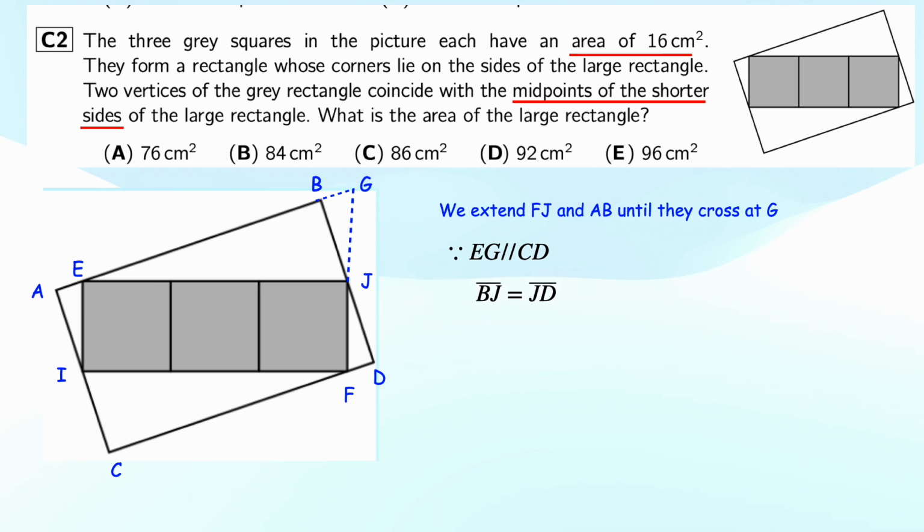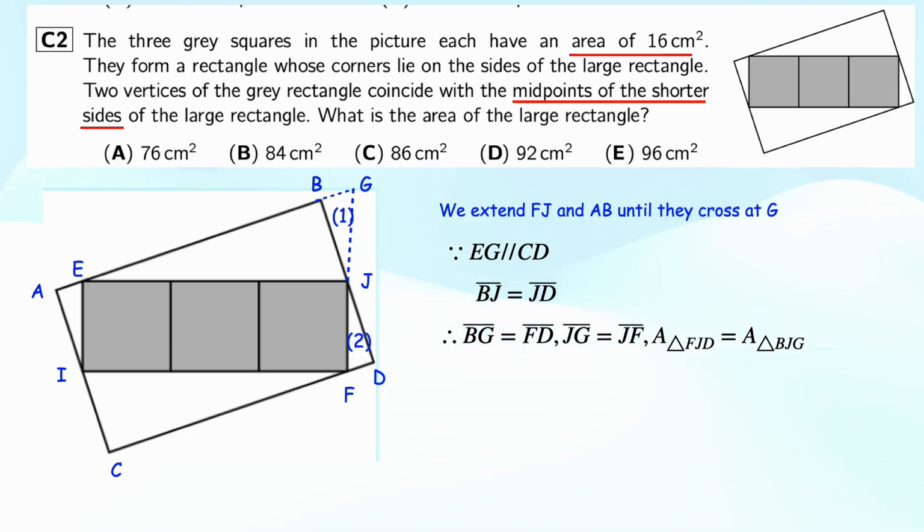According to the rules I presented in the last slides, we also know that BG is equal to FD, and the most important is JG is equal to JF. Furthermore, the area of triangle BJG, which I labeled with 1, is equal to the area of the small triangle JFD, which I labeled with 2. The areas are the same.